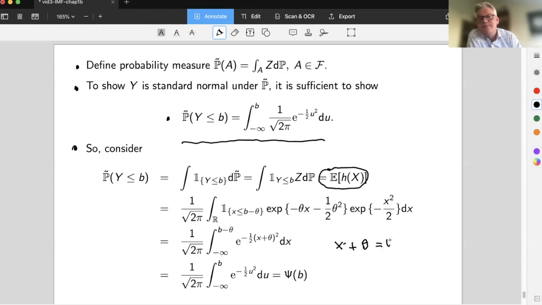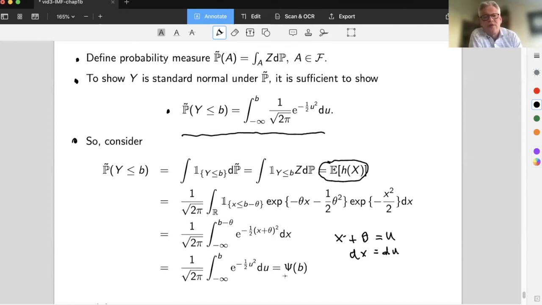And that is equal, in fact, after a change of variables again, x plus theta being u, dx being equal to du, to 1 over the square root of 2 pi, the integral from minus infinity to b of e to the power minus 1/2 u squared du. And here we recognize the distribution function of the standard normal.